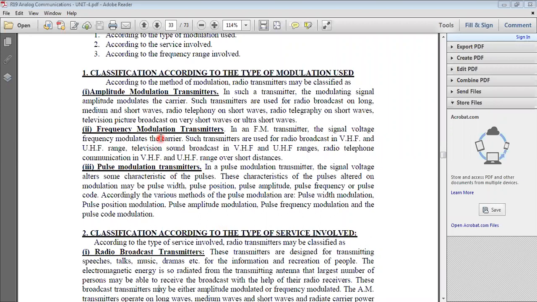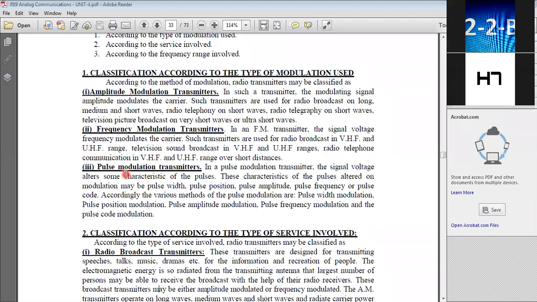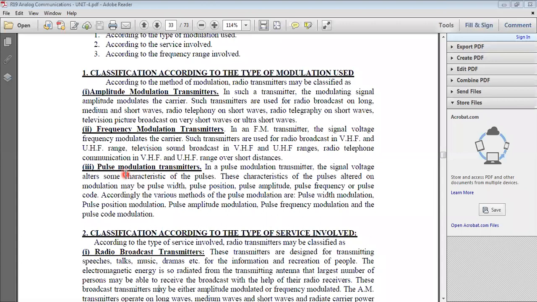FM and PM are both angle modulation techniques. Under angle modulation, we have FM and PM, where PM is phase modulation. Among these techniques, we have another technique, that is pulse modulation. This is our last unit. The fifth unit is pulse modulation.